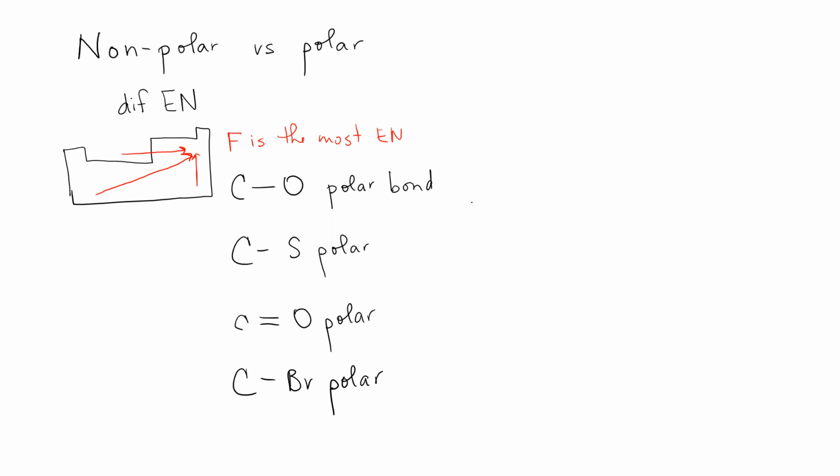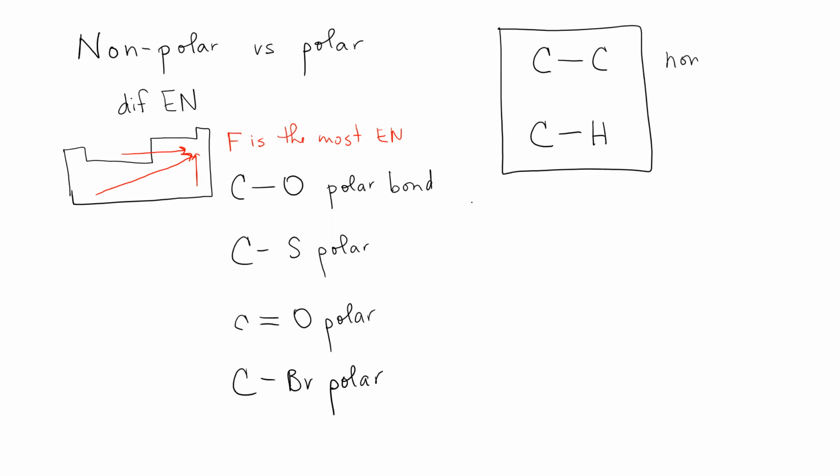For organic chemistry, the important thing is that there is no electronegativity difference between carbons. They're the same. There's no electronegativity difference between carbon and hydrogen bonds. So these guys here are nonpolar because they have the same electronegativity.